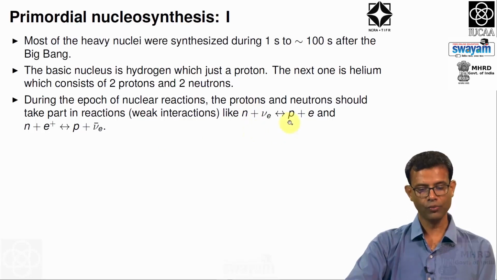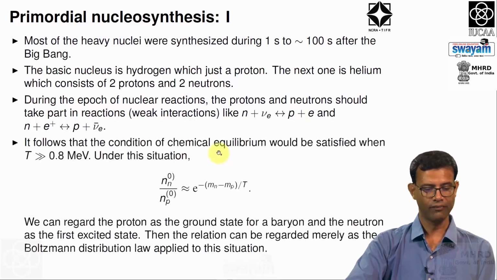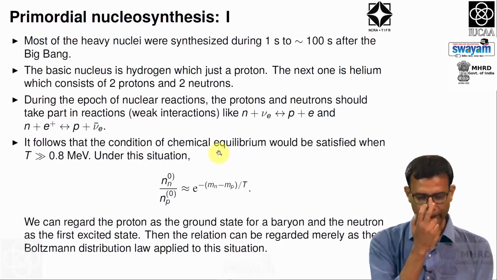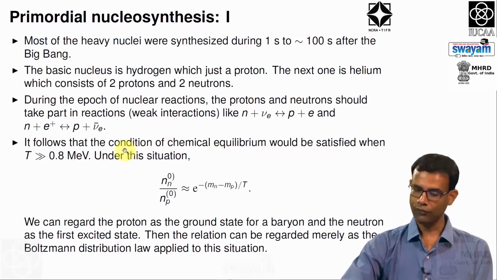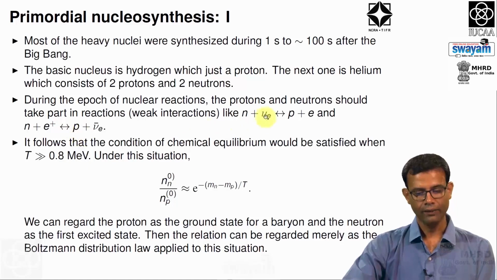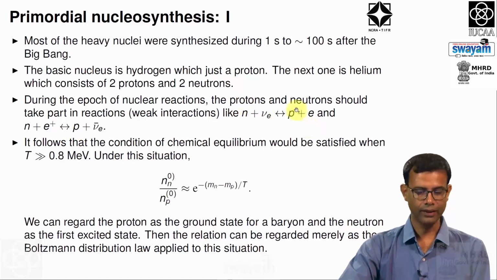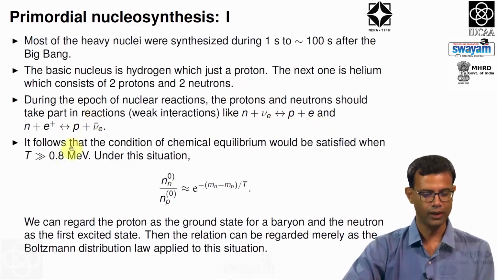So, the neutrons, protons, electrons, neutrino, antineutrino are taking part in these kind of reactions. If the whole thing is in chemical equilibrium, which will be satisfied when the temperatures are much larger than MeV, because lower than that these weak interactions become basically negligible, the reaction rate goes down and this equilibrium is not maintained anymore.